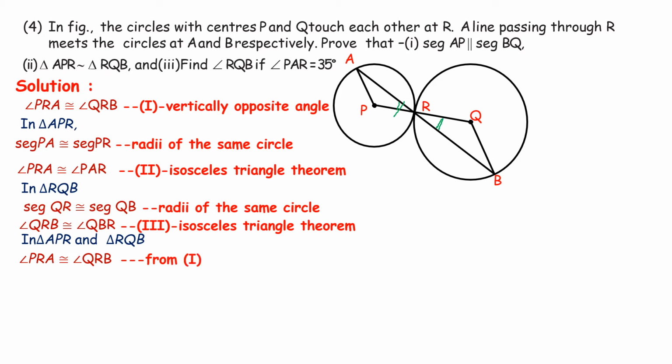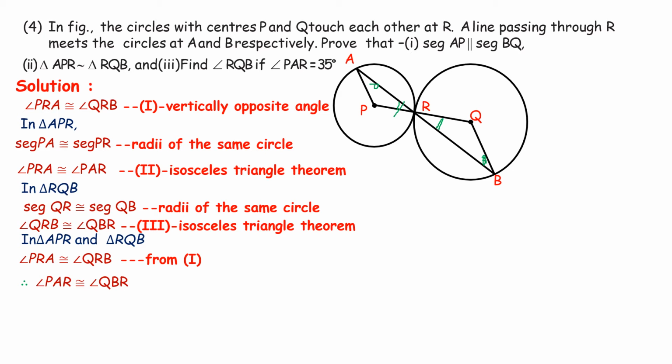From 1, 2 and 3, these two angles are congruent. This angle is congruent to this from 1, 2 and 3. Therefore, angle PAR is congruent to angle QBR.